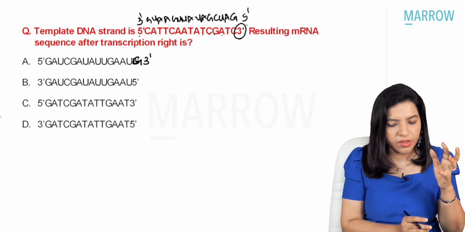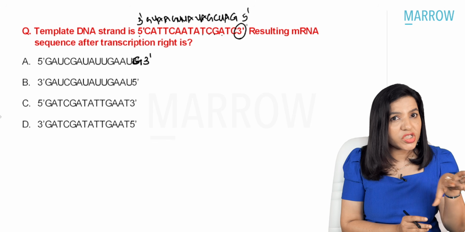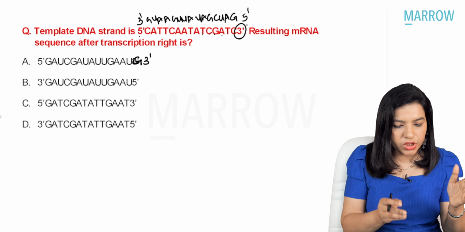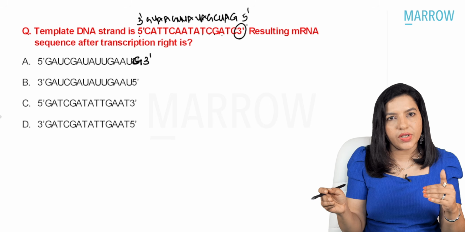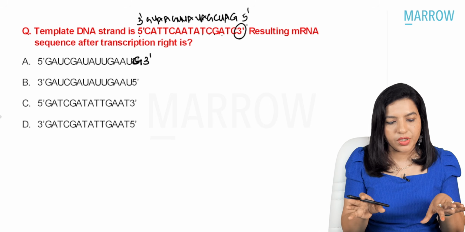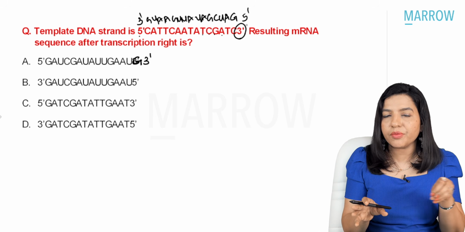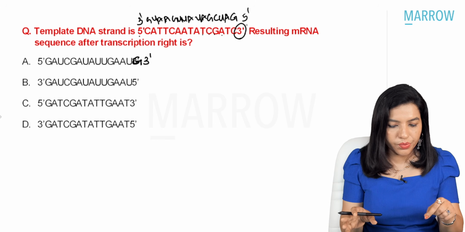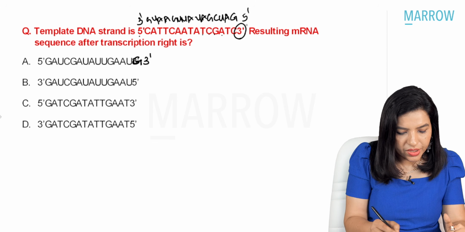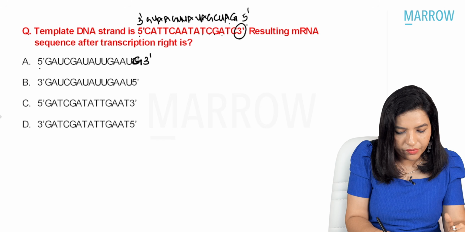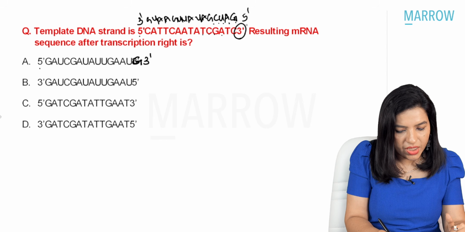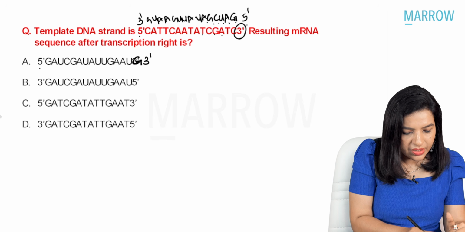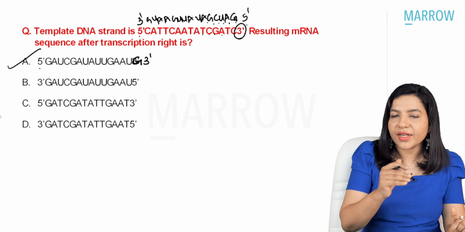So here we should always see which is the direction. Like GUAAA, if it is given in the option, it is not the answer because GUAA is in the 3' to 5' direction. So the direction of the newly synthesized RNA is also important here. So the first option is GA. So we can make this 5'. From here we have to read G, A, U, C, G, A, and so on. We can see that option A is the correct RNA sequence.